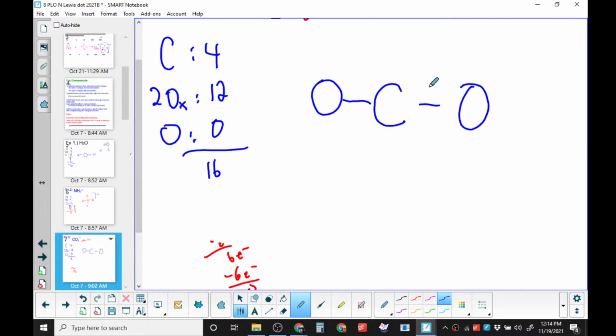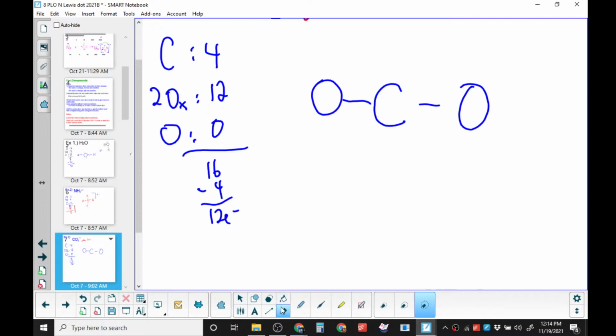How many electrons are in those bonds? Four, because there's always 2 electrons per bond. So I subtract those 4. This is the accounting part. So I got 12 electrons left over.